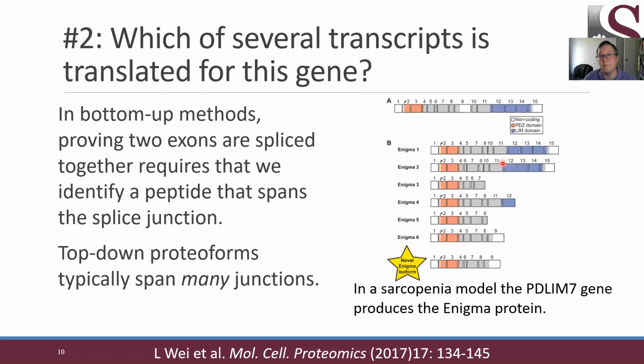Let's also talk about which of several transcripts may be translated for this gene. I would start by saying that most people doing bottom-up proteomics have kind of given up on their ability to discern different proteoforms based on which transcript is being produced.